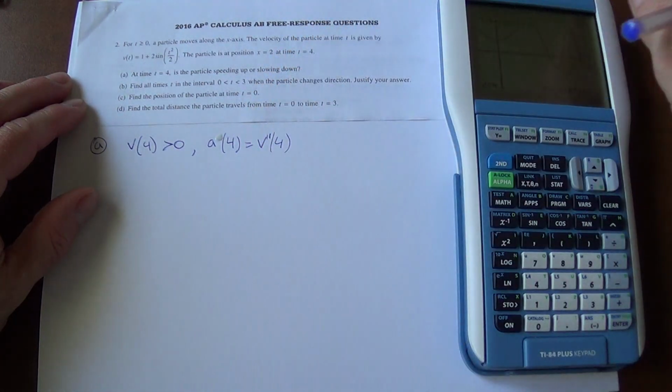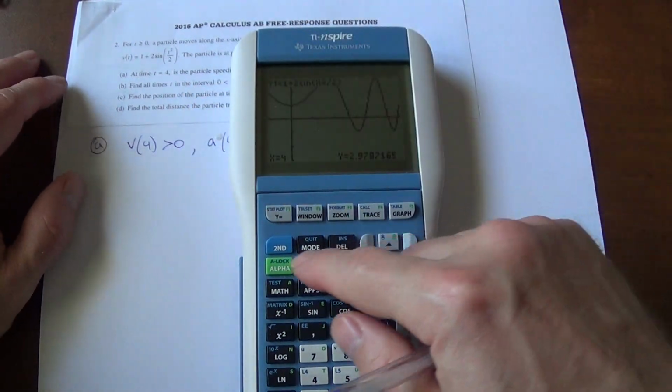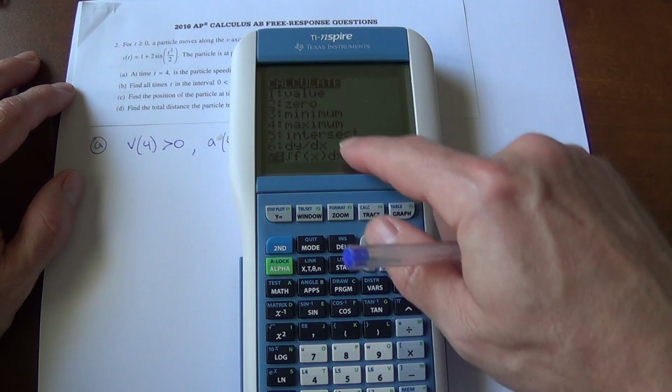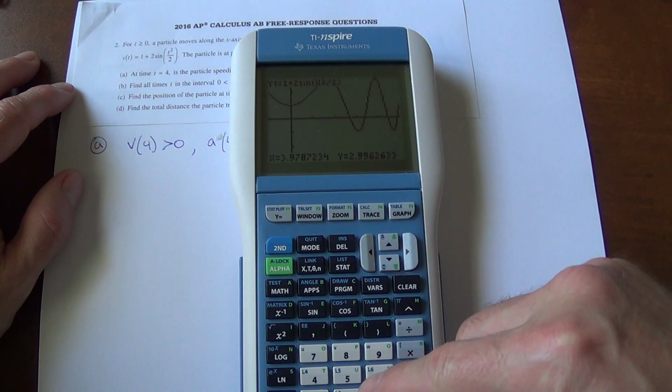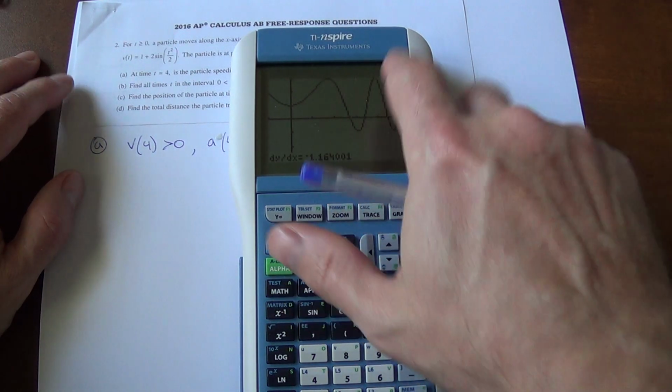You don't actually need to do it by hand, you can plug it in the calculator. So for that, we're going to hit second calc, and go to dy over dx, option number 6 here. And we are going to do it at point equals 4. Type it in, and it's negative.